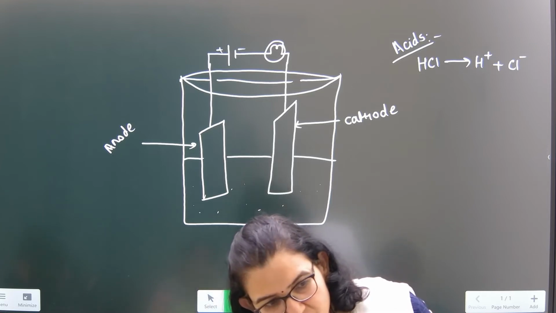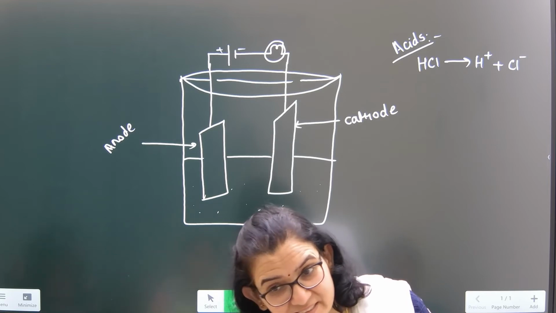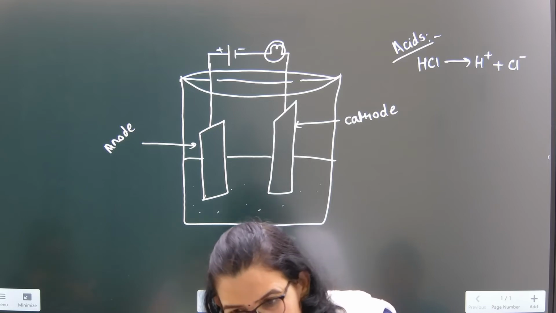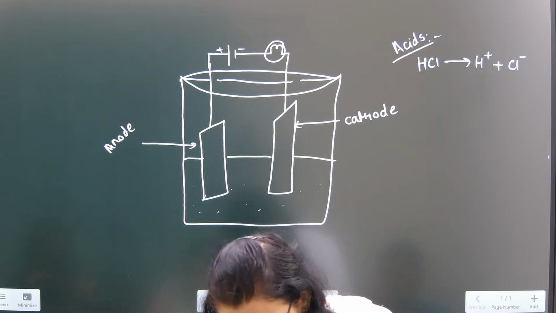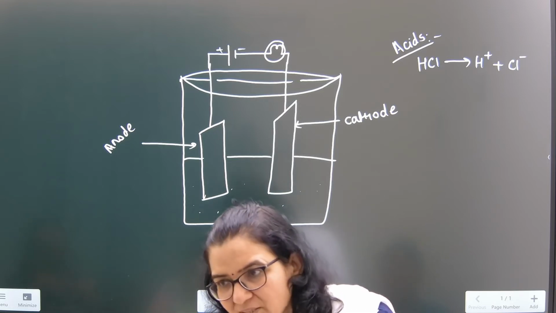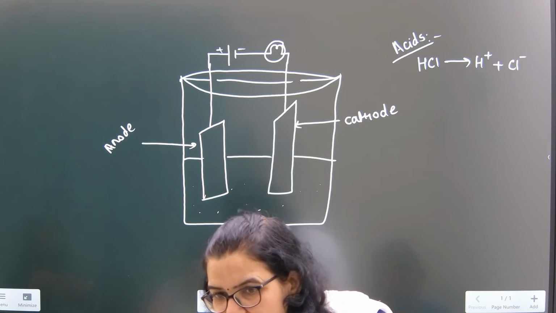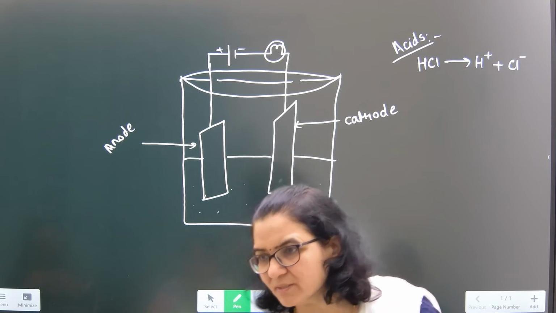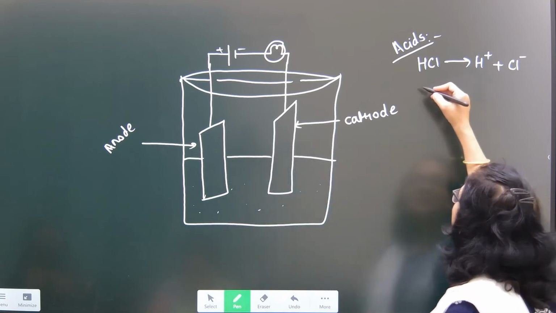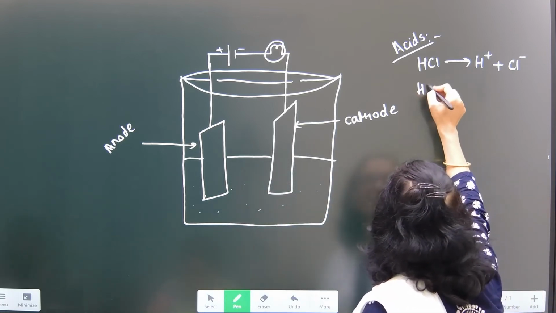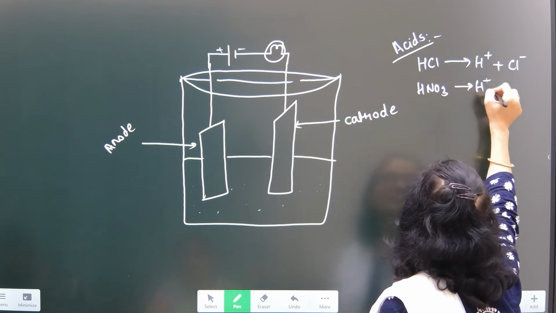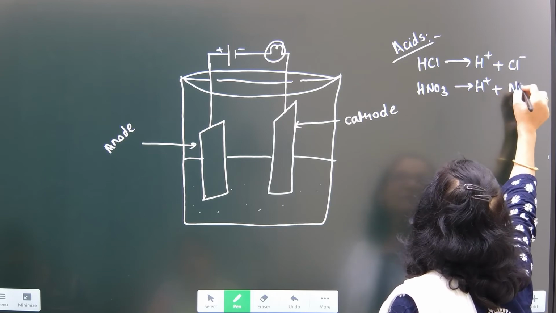Other strong acids are HNO3, H2SO4. KOH will not come in that. Na2SO4 will come under the salts. So all the acids, HCl, HNO3, when they dissociate, will form H plus ions plus NO3 minus ions.